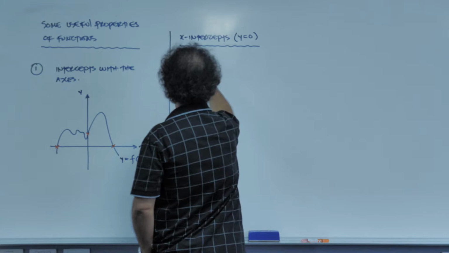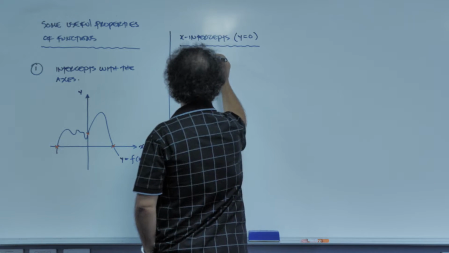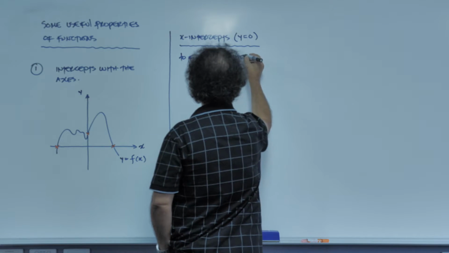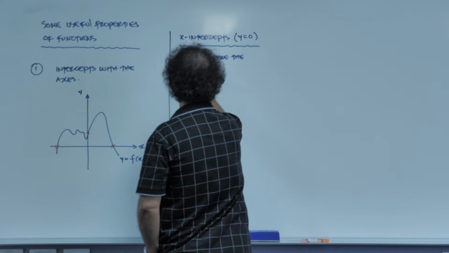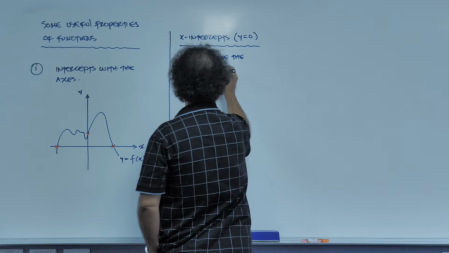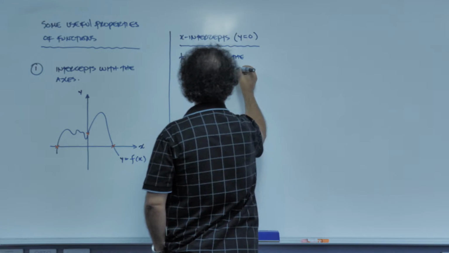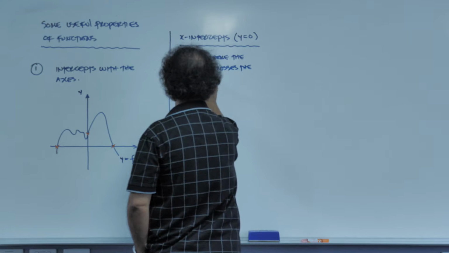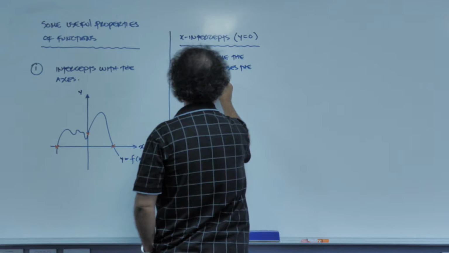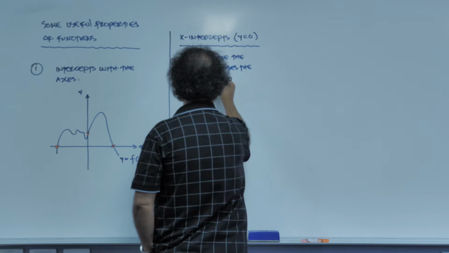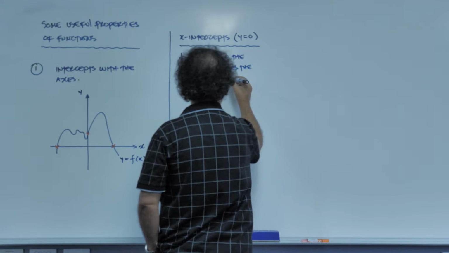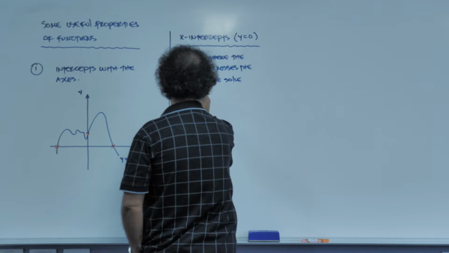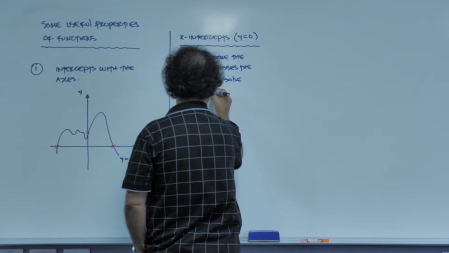We're going to say, to find where the function crosses the x-axis, we solve for y equals 0.